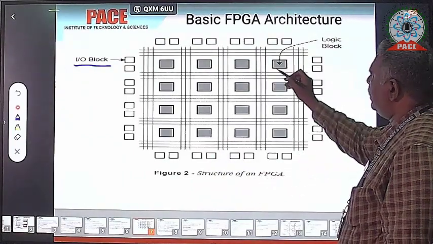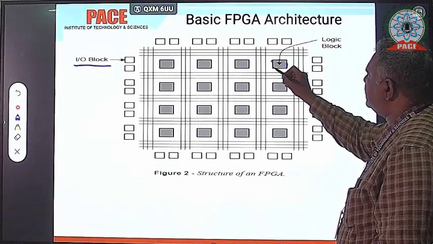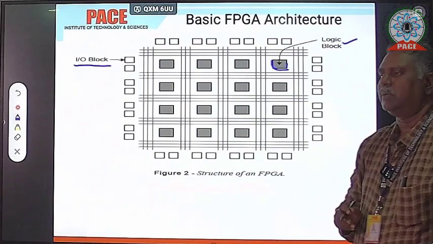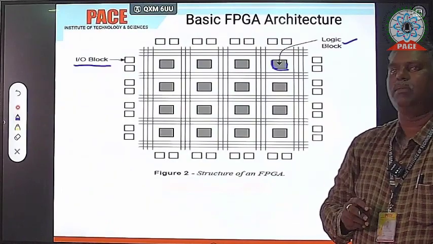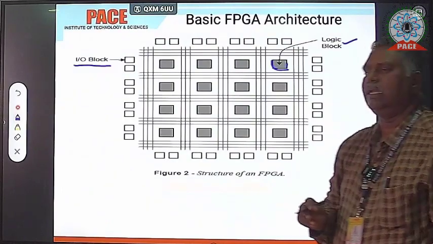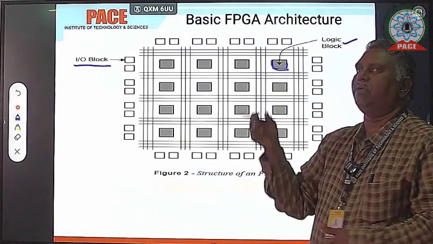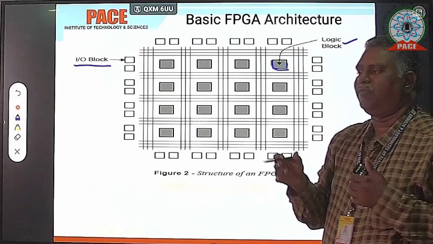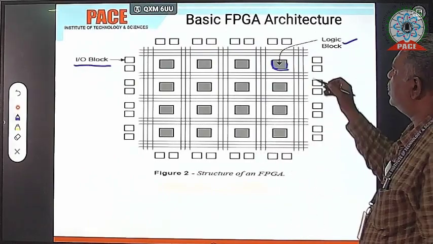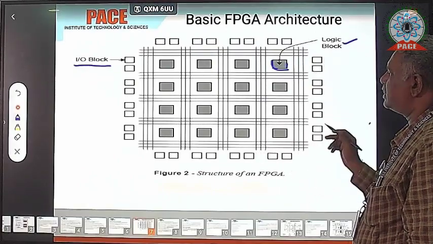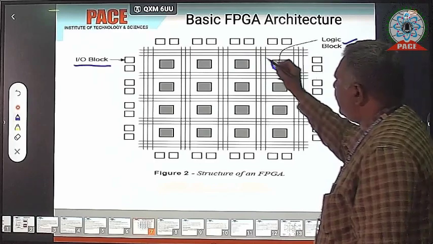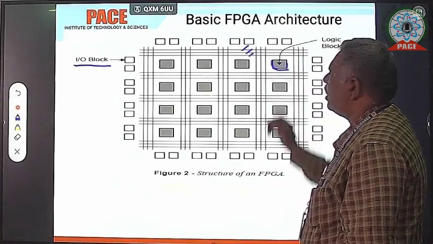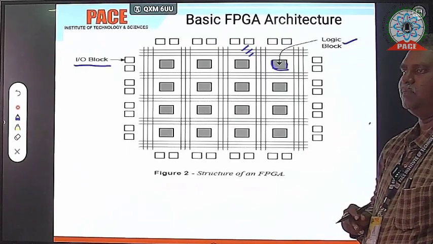Internally, we have these designs, which are called logical blocks. In these logical blocks, as we discussed previously, basic gates and flip-flops are used to design the logic blocks. We also have interconnects, which are wires.